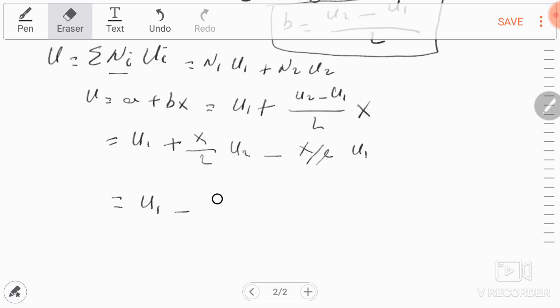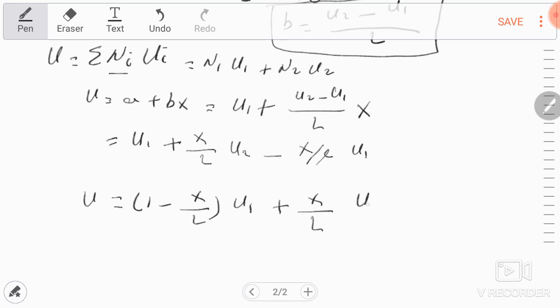I repeat, I'm very sorry. Therefore the last result is u equal 1 minus x over L times u1 plus x over L times u2.